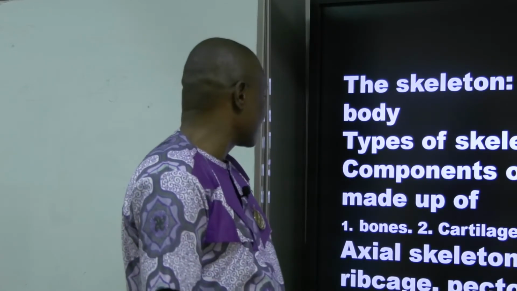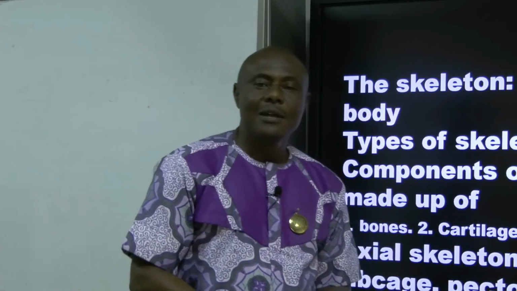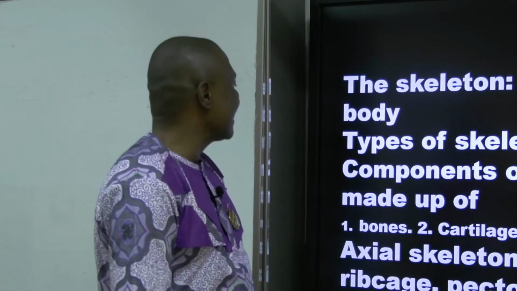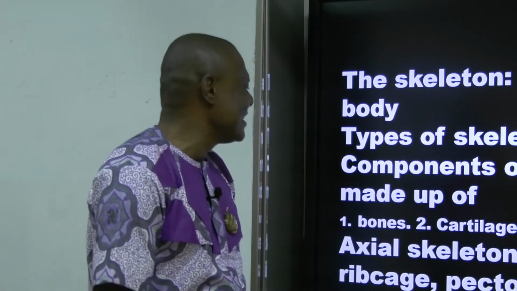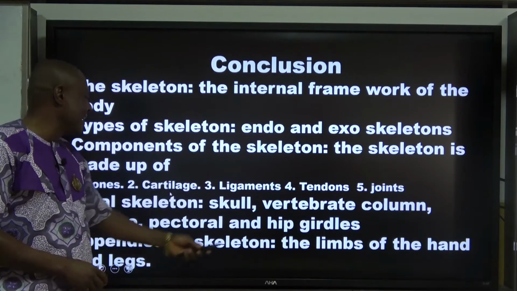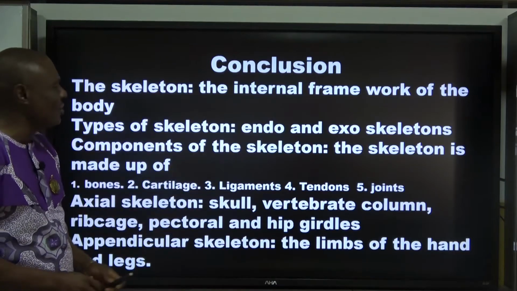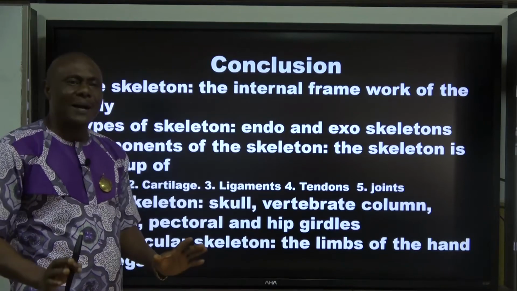We have been able to look at all these bones, and we said the bones are classified into the axial and the appendicular skeleton. We also said that there are 5 components of these bones. We said that the skeleton is made up of 5 major components. That number 1 component is the bones. We have the cartilage, we have the ligaments, tendons, and joints. And I said that the bones is the hard part of the body.